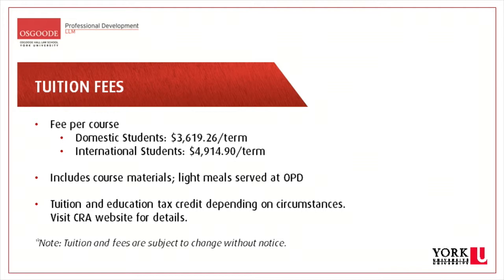Again, this is for a 6-credit course. The course fee includes your course materials and your textbooks, as well as light meals that are served here at Osgoode Professional Development when you come in for your class. Of course, our tuition fees are subject to change as they are periodically reviewed by the university.